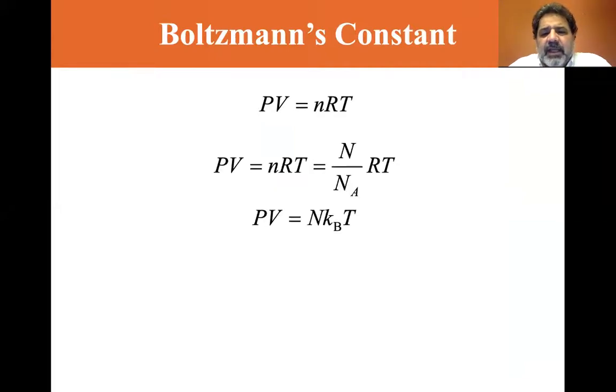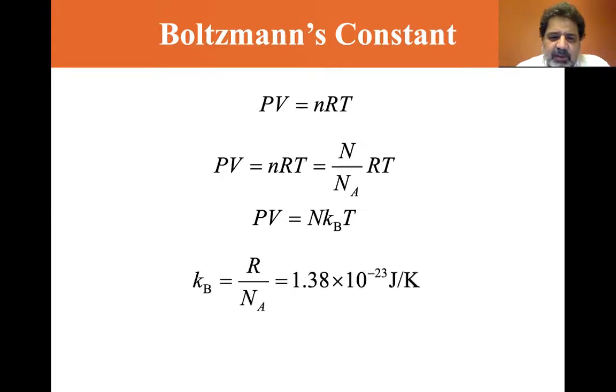Now, if we take N, the capital N, here as the number of molecules, divided by Avogadro's number, you'll get PV equals N k_B T. You'll get Boltzmann's constant, where the Boltzmann's constant is equal to the ideal gas constant divided by Avogadro's number. And I showed you that in the handwritten notes, that is 1.38 times 10 to the minus 23 joules per Kelvin.